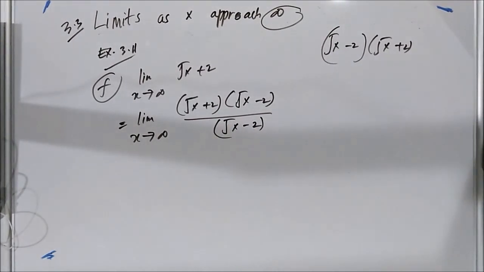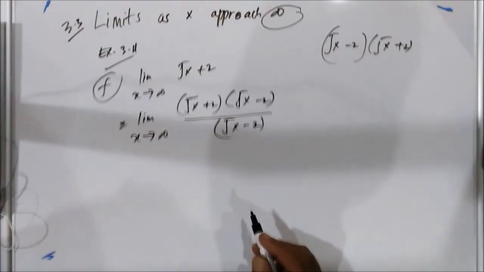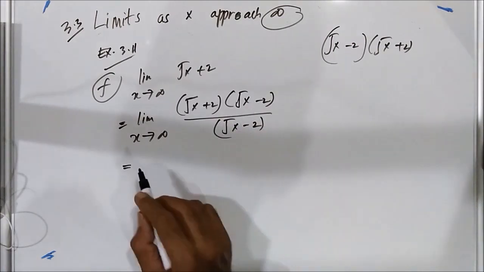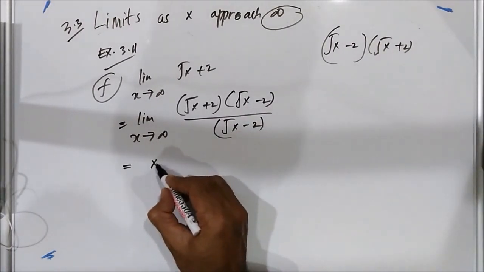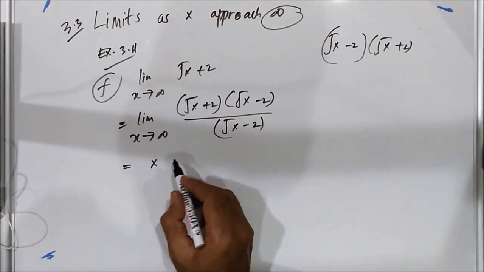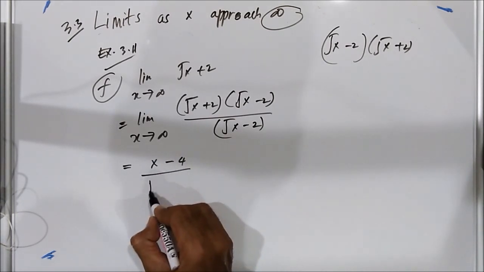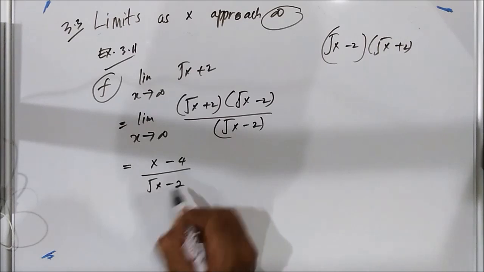So this is how you solve from here. This gives you square root of x multiplied by square root of x, which is x, and the other part gives you negative x minus 4, over square root of x minus 2.